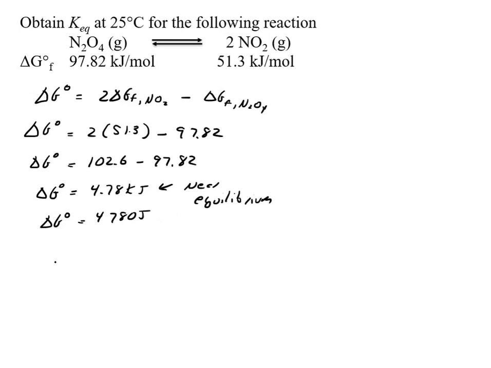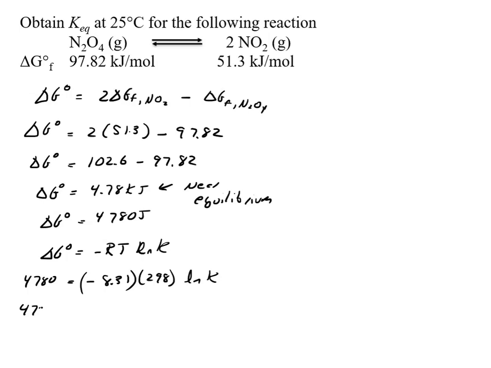Okay, and so then I also have the fact that delta G naught is negative RT natural log of K. So I have 4,780 is equal to negative 8.31 times the 298 natural log of K. Like I said, this is basically going to be the same every time. 4,780 is equal to a negative 2,476.4 natural log of K. So 4,780 divided by a negative 2476.4 is equal to natural log of K.